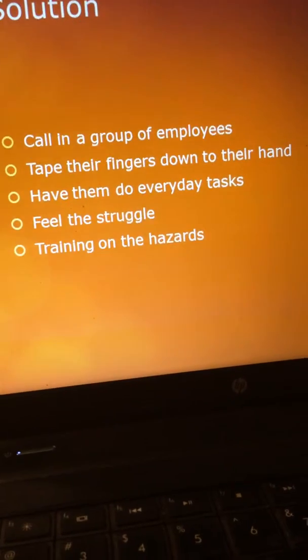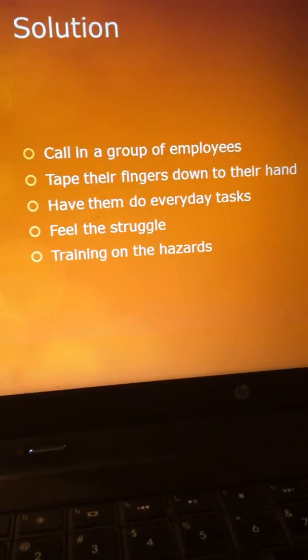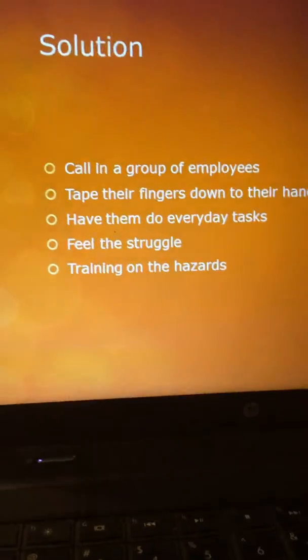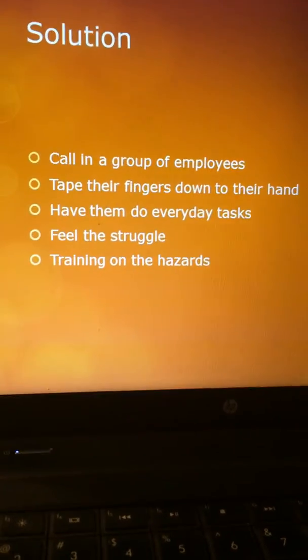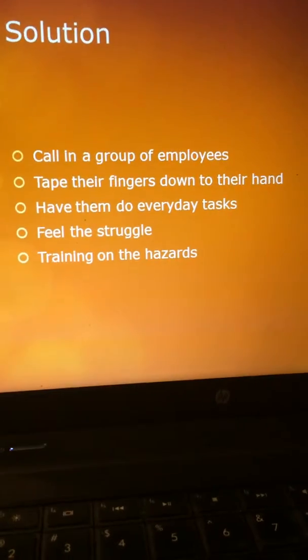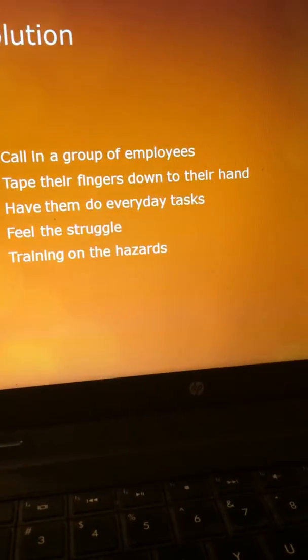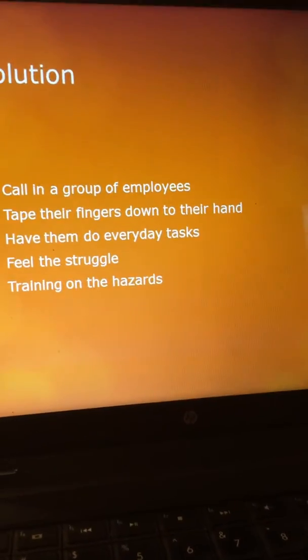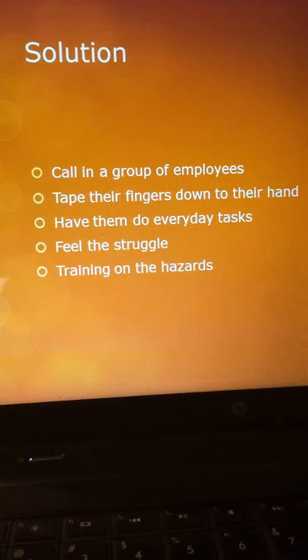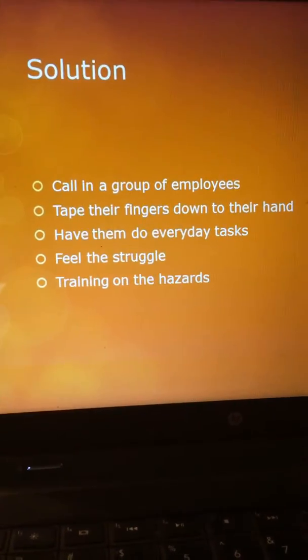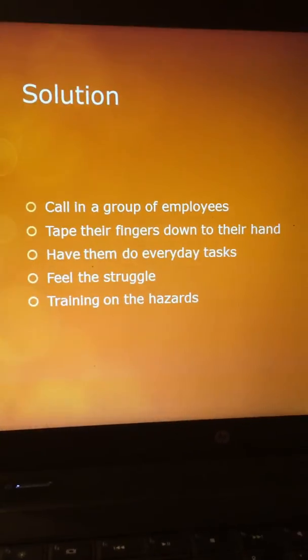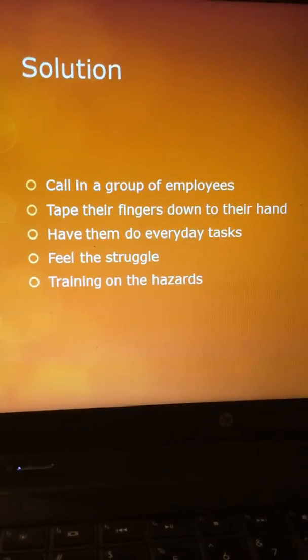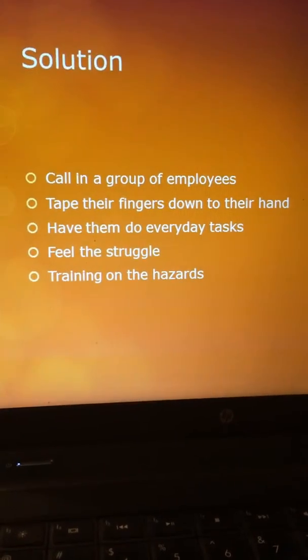And lastly, to train them on the hazards that are present out in their workplace, focusing on the finger hazards, because the guy with 10 years of experience may know all about it, but the guy sitting next to him, it could be his first day at work. So we can't assume that everybody knows what they're doing, because most of the time they don't, because we all know that the turnover rate in an oil and gas company is pretty quick.